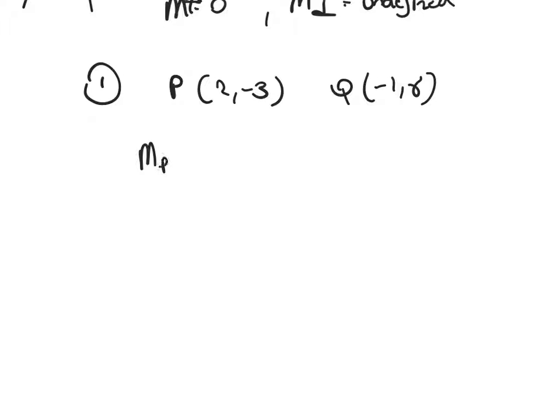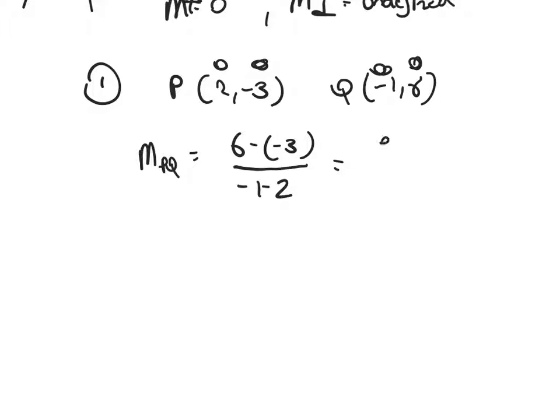Well, first of all, let's find the gradient of the line PQ. So that will be y2 minus y1 over x2 minus x1, and that's 6 minus -3 over -1 minus 2. 6 minus -3 is 6 plus 3, that's 9, over -1 minus 2 is -3, and that will simplify down to -3.